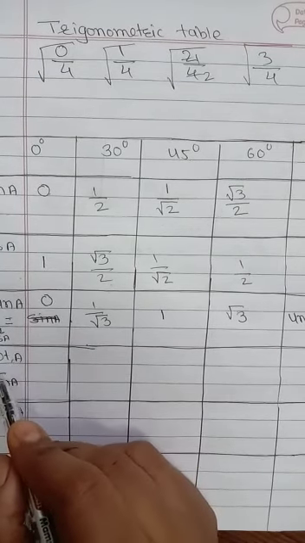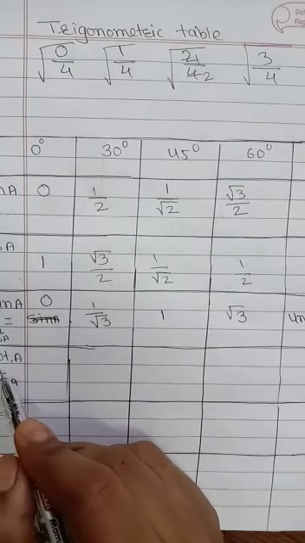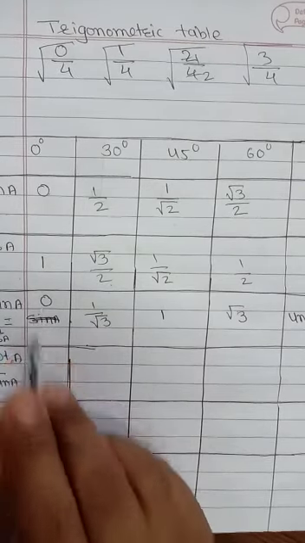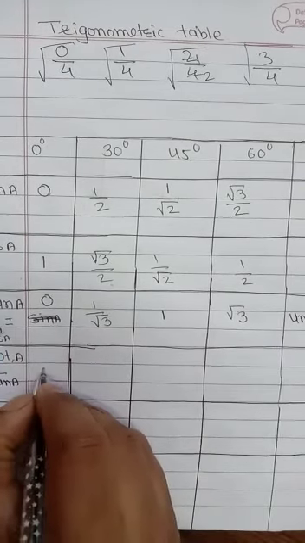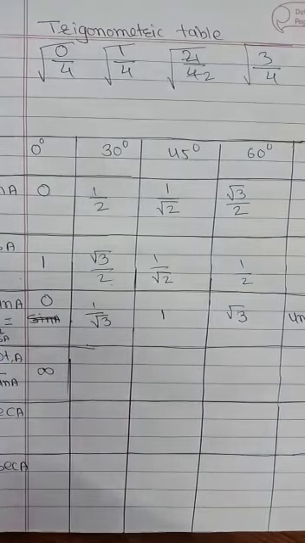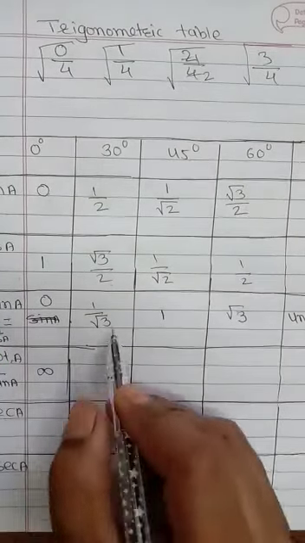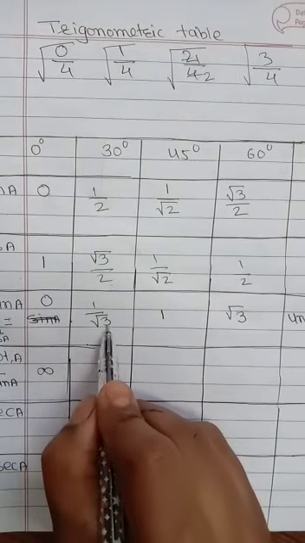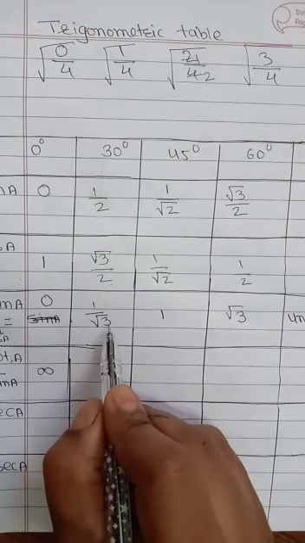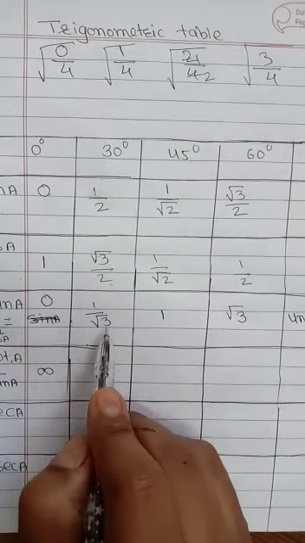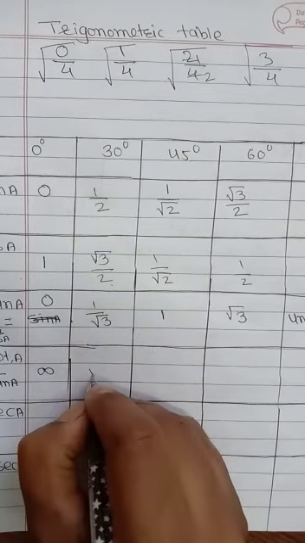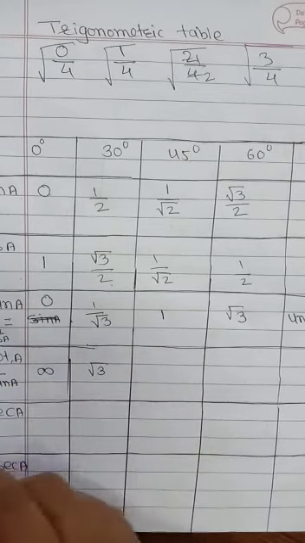Can I write cot of 0 is equal to 1 upon tan of 0? The reciprocal of 0 is undetermined. For this we are writing infinity. Now cot of 30 degree: as tan of 30 is 1 upon under root 3, its reciprocal will be under root of 3.